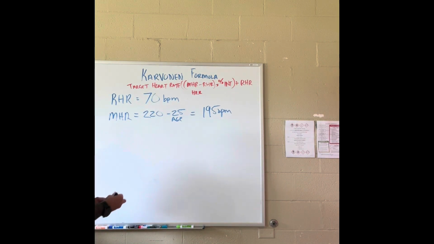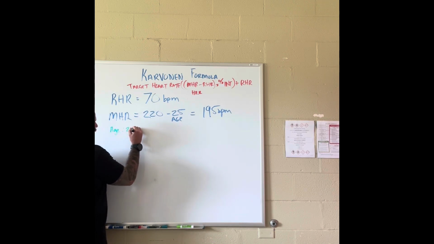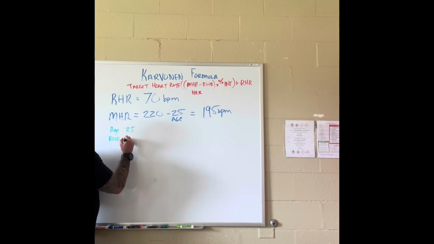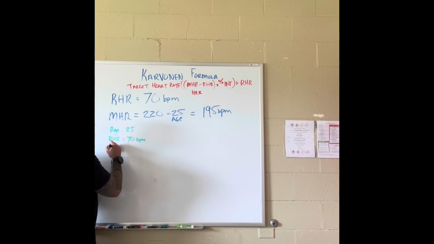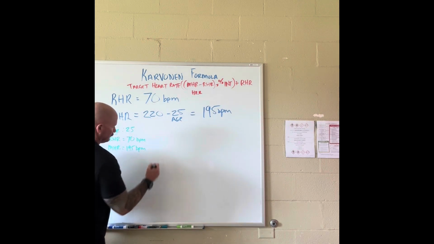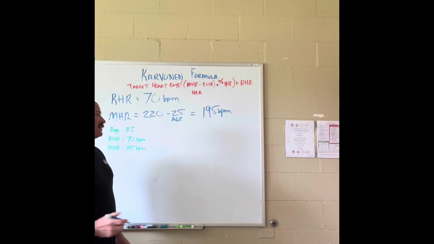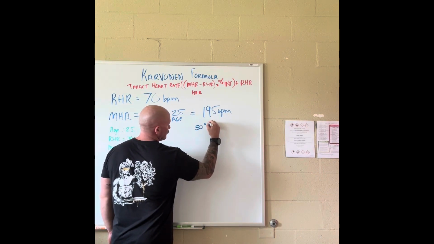So let's get all of our numbers really quick. Again, my client: age 25, resting heart rate 70 beats per minute, and his MHR is 195. For the different types of intensities we're going to go with, we're going to use 50%.